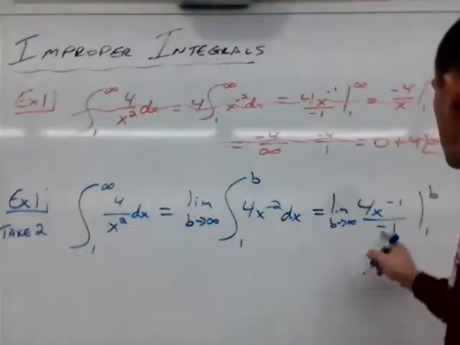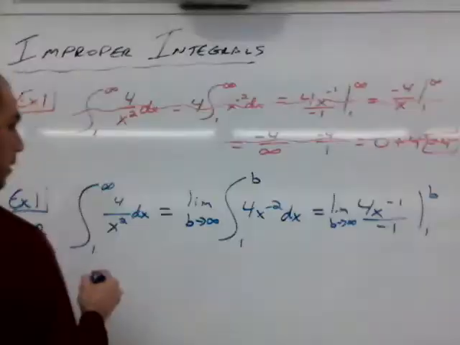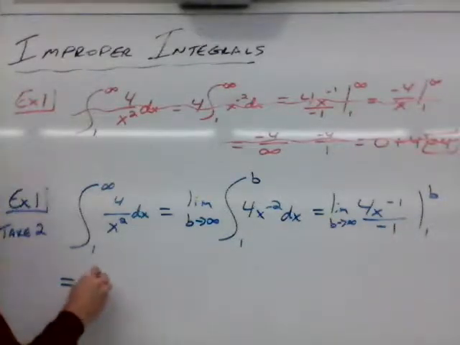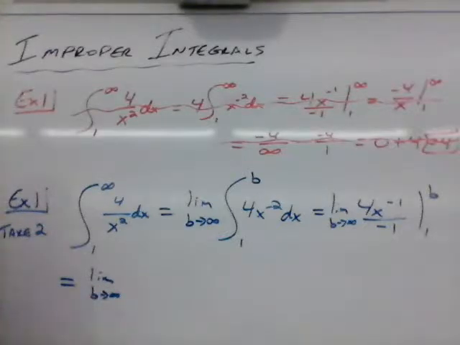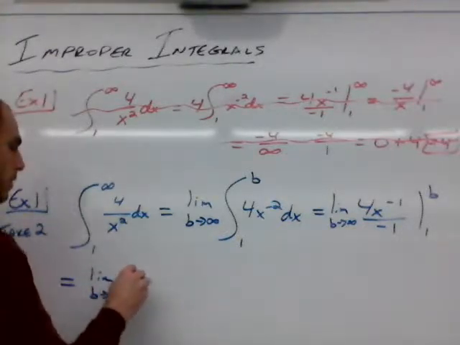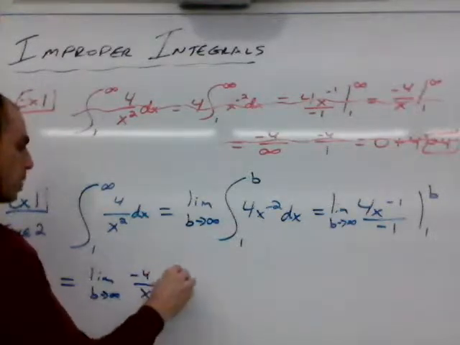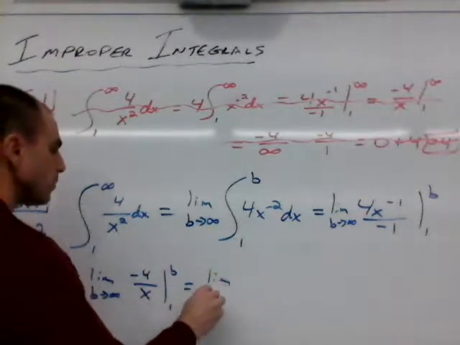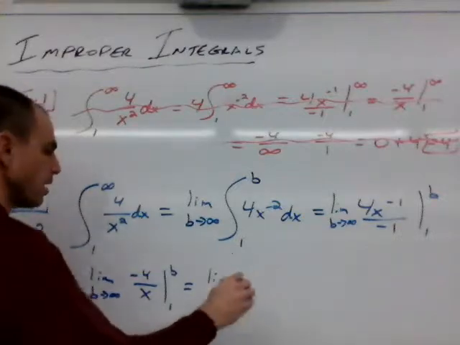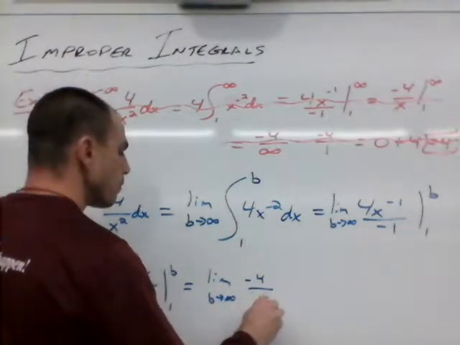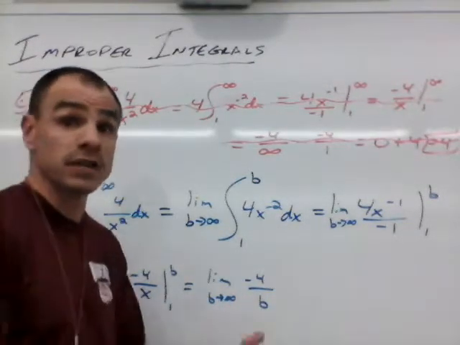So now we have the limit as b approaches infinity, and we can rewrite this as negative 4 over x going from 1 to b. This is the limit as b approaches infinity of negative 4 over b, and we can plug b in because b is a number.